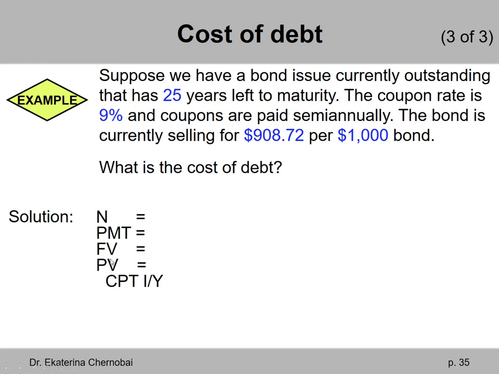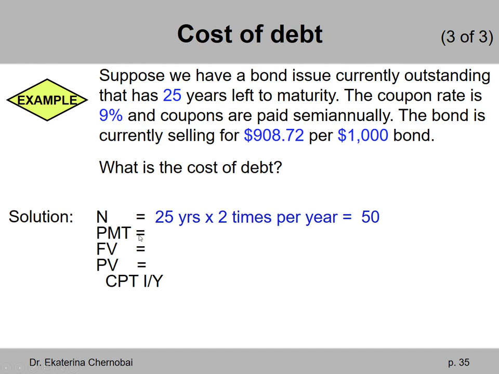And PV, the bond present value, which is also nothing but the price per bond today. So N, how many coupons? Because there are 25 years left to maturity and there are semi-annual payments, 2 per year, we have a total of 25 times 2 equals 50 coupons between now and the maturity of these bonds.